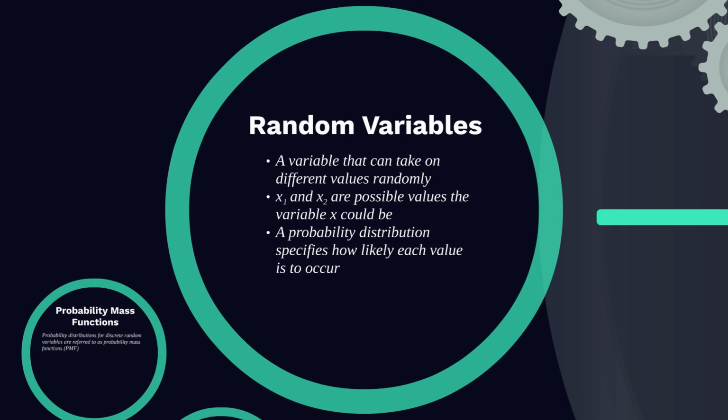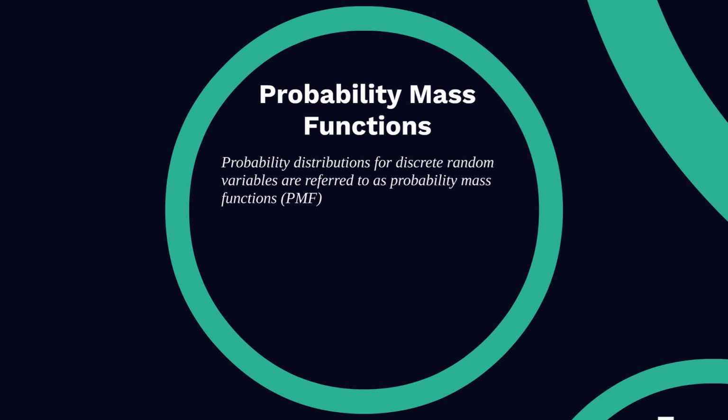So that's random variables. Let's move into probability distributions for discrete variables. When we have a probability distribution for a discrete random variable, it is referred to as a probability mass function. Before we talk about a probability mass function, we mentioned that a probability distribution is simply a description of how likely a random variable or a set of random variables is to take on each of its possible states.